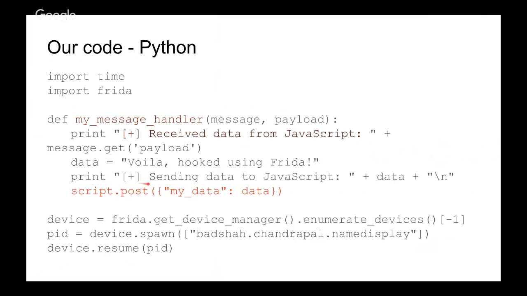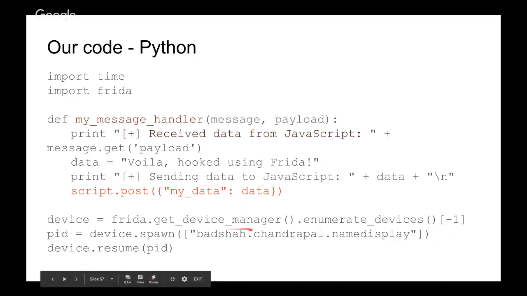Then we print this on the console. Then we use script.post to send the message to the JavaScript. In this case, let's name our message my_data, and we pass the key-value pair as data, which is "hooked using Frida". Now, device, we just get it using the technique I mentioned before. It starts this app, it resumes.